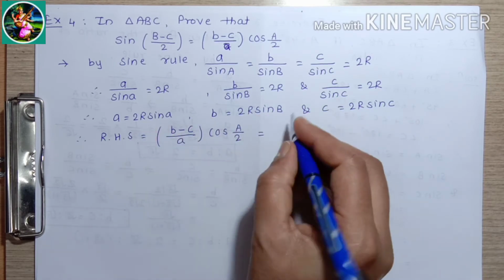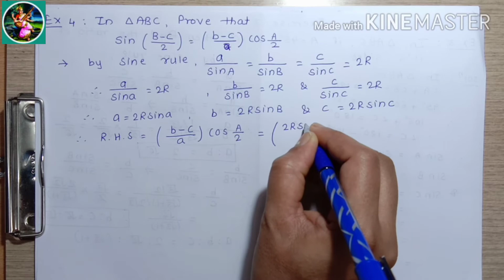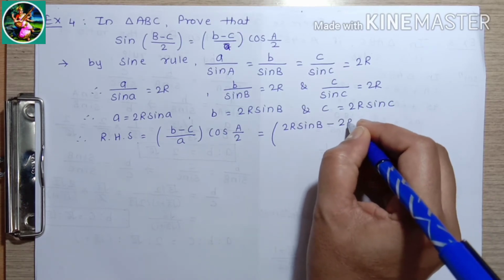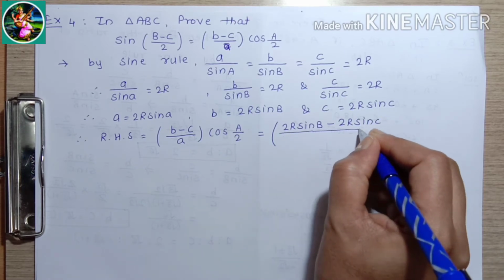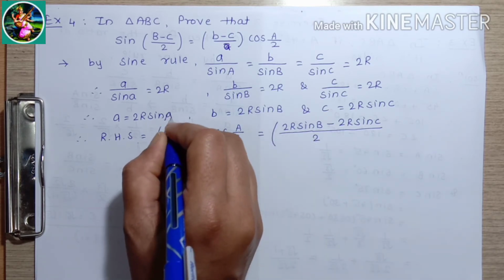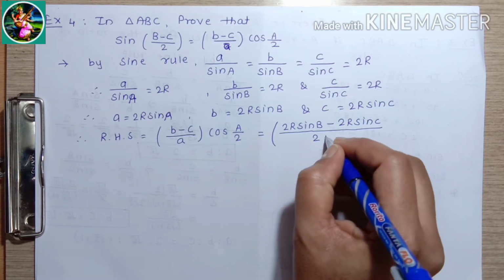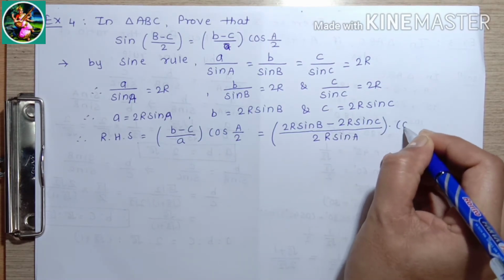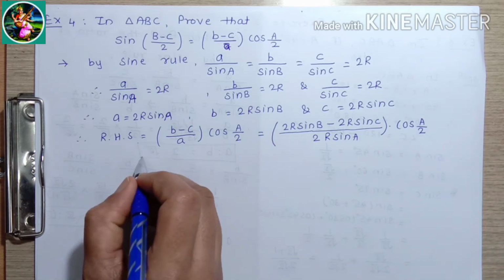B is equal to 2R sin B, C is equal to 2R sin C, and this is divided by A, that is 2R sin A, into cos of A upon 2 as it is.